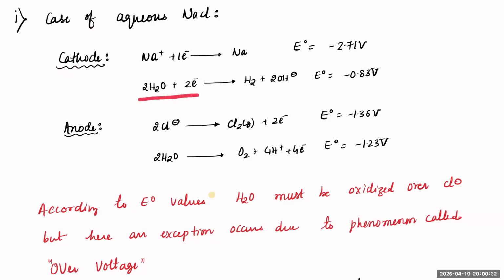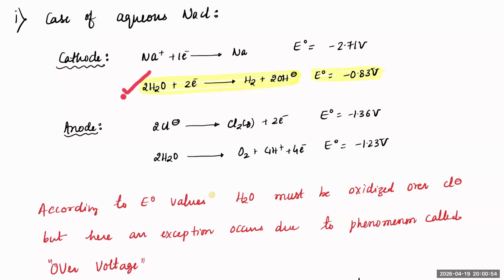While water, if it takes two electrons and is reduced, will become H2 and 2OH-. This I would suggest you write and learn as many times as possible, everybody, because I always notice students do forget how the reduction of water works.